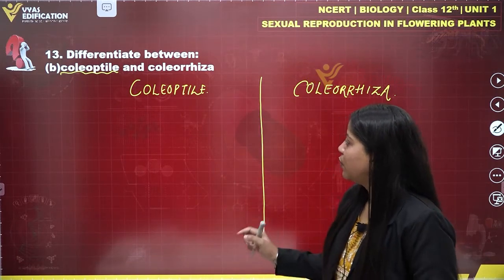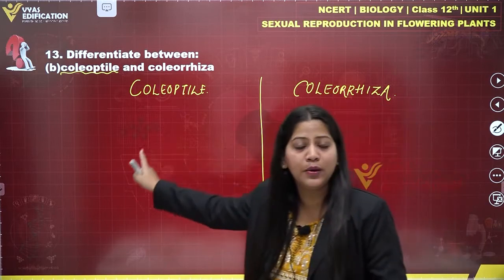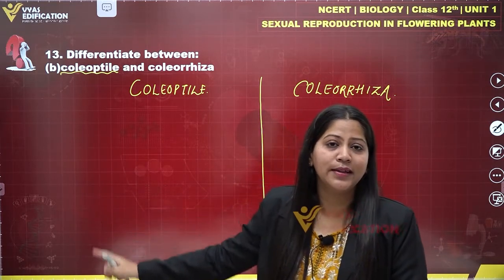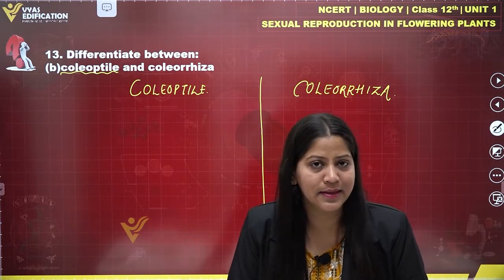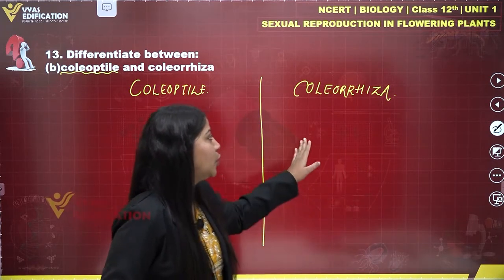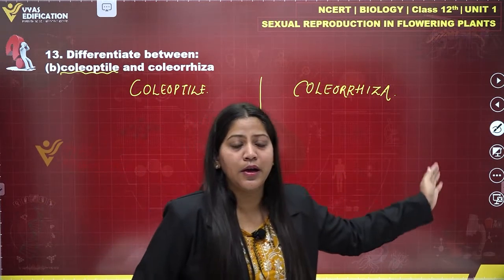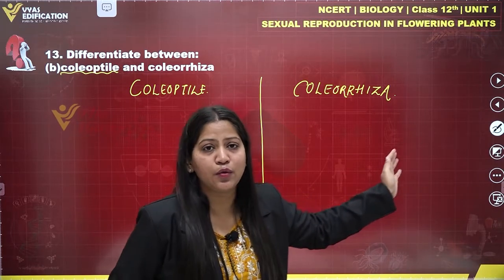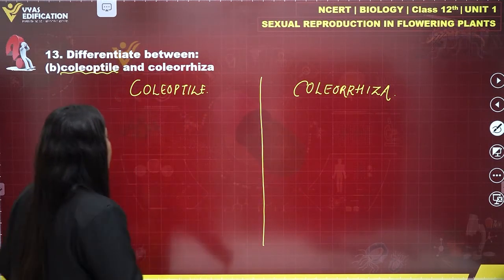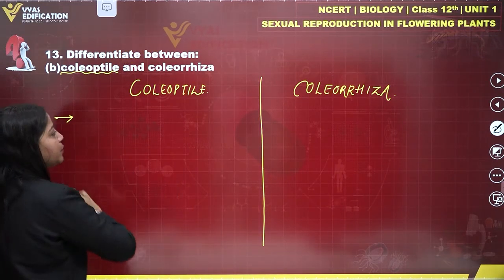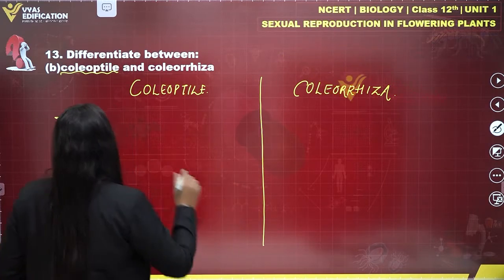Alright. So what is the difference between coleoptile and coleorrhiza? Coleoptile is a conical protective sheath enclosing the plumule part of a monocot seed. And if we talk about the coleorrhiza, it is also a protective layer enclosing the root cap and radicle in the monocotyledon seed. Alright, so this is the basic difference between coleoptile and coleorrhiza, and these are the parts of monocot seeds only.